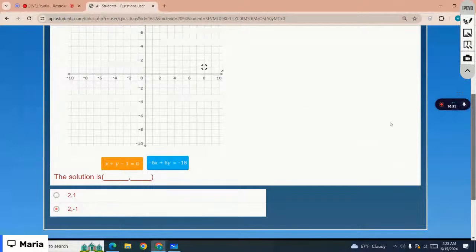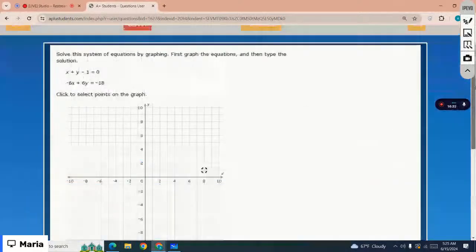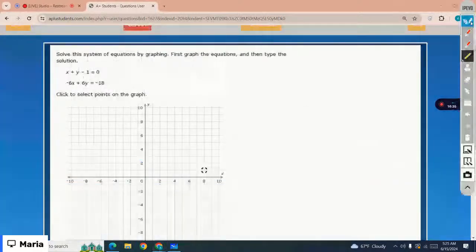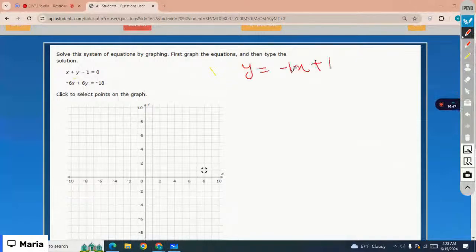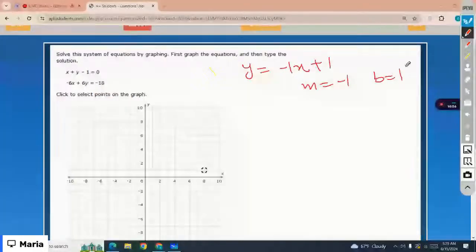Hold on. Let me just see what's wrong with the solution. y equals mx plus b, right? So y equals -1x plus 1. Slope is -1 and b is 1. The y-intercept is 1.